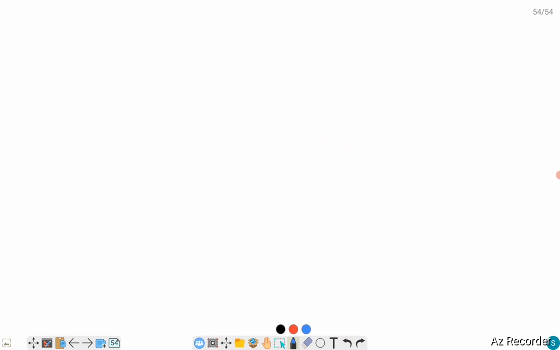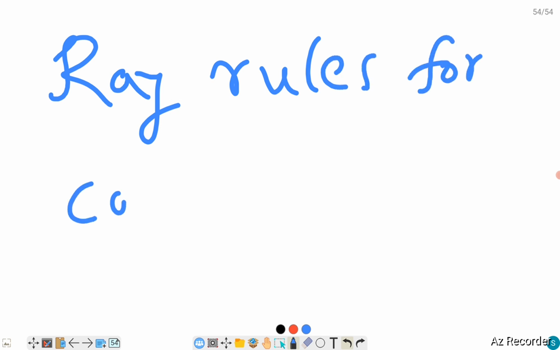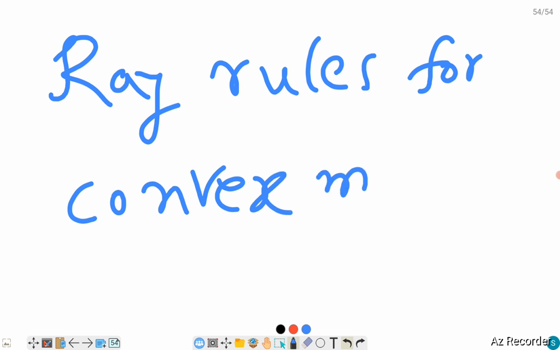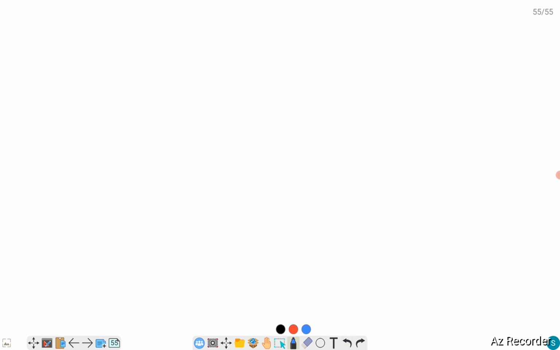Then let us see ray rules for the convex mirror. Then we'll see in the simulator. Same 4 rules you have, but here there is a small difference you should identify and remember carefully.